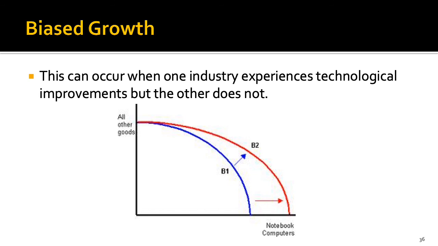But even in the intermediary, if we took a point like B1, initially at B1 we had this many all other goods and this many notebook computers. But even holding this constant, notice just by that expansion in notebook computers, we're actually able to consume more of both of the goods. That's a little bit of a hint to one of your homework problems.